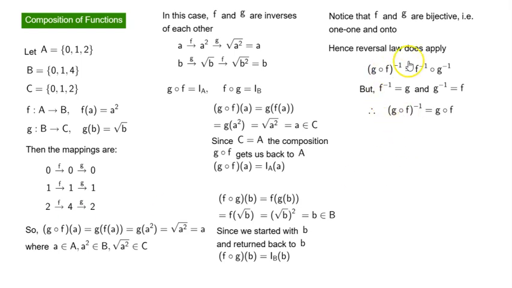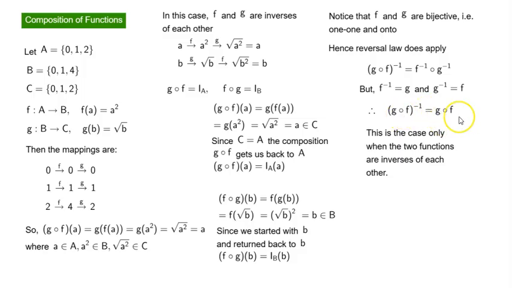We get the inverse of g composition f is equal to g composition f. Now, this is not true in all cases. This is the case only when the two functions are inverses of each other. So the inverse of the composition is equal to the composition of the functions only when they are inverses of each other.